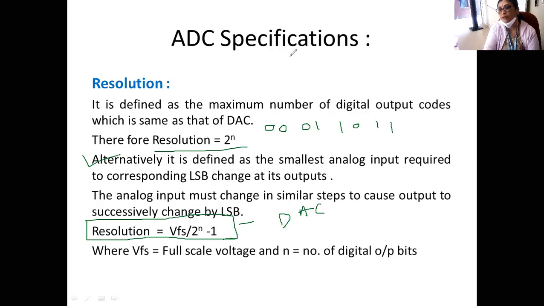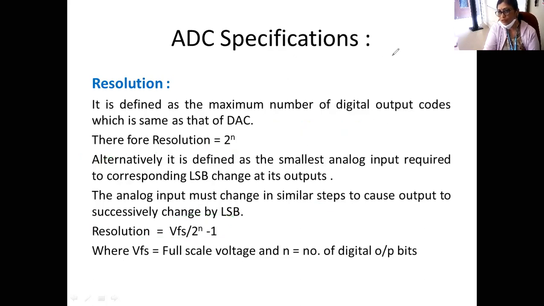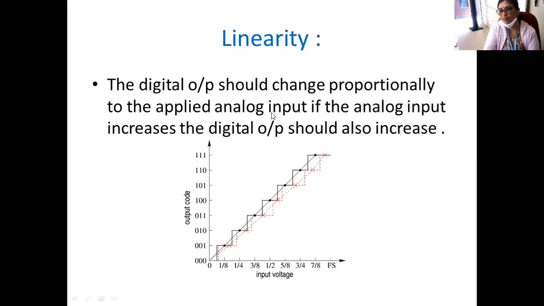Now let us go to the next specification, which is linearity. Obviously, the digital output should change proportionally with the analog input voltage. If this proportion is there, then the output is said to be changing linearly with that of input.